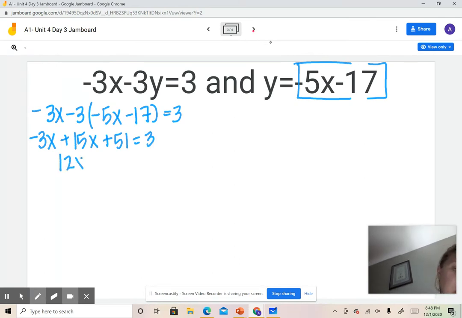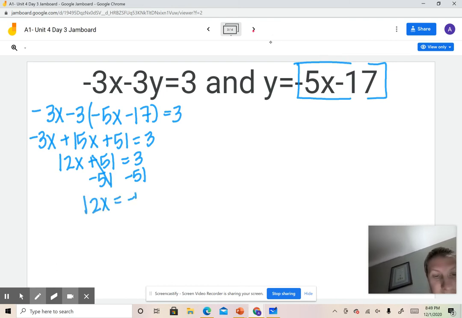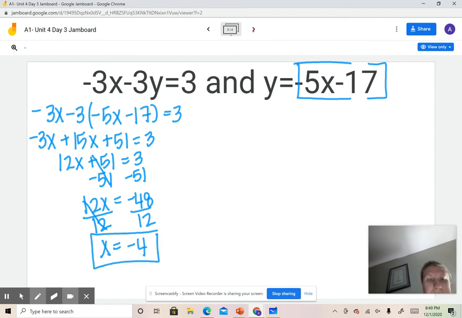So you have 12x plus 51 equals 3. Subtract 51 from both sides. So 12x equals negative 48. Divide by 12 on both sides. Those cancel. So x equals negative 4.